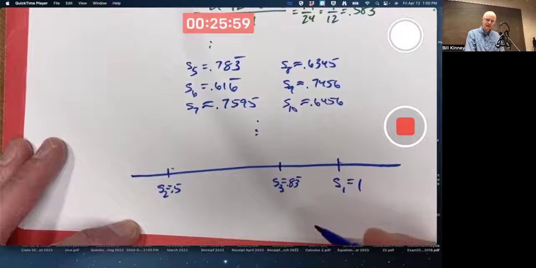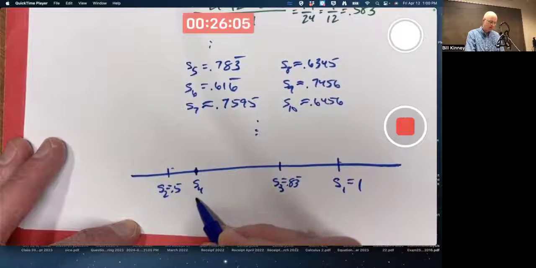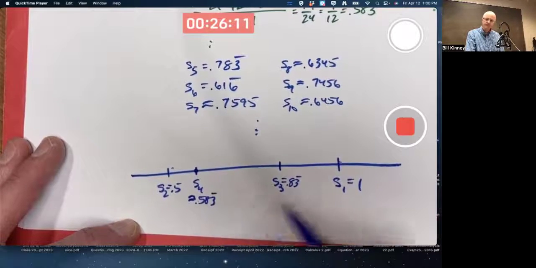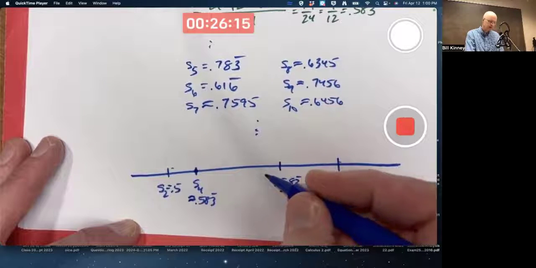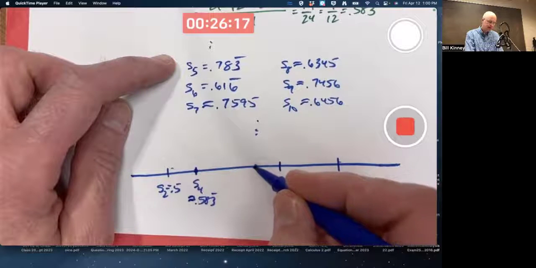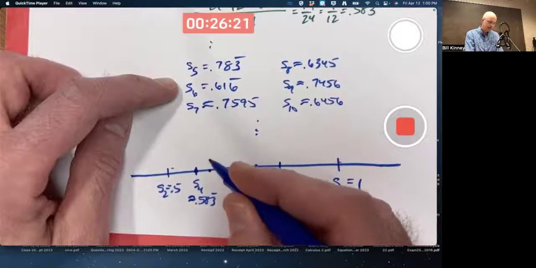S4, that was 7/12, 0.583. There's S4. S5, I'll just draw them now without writing the numbers. 0.783, it's about there. S6, maybe right about there.